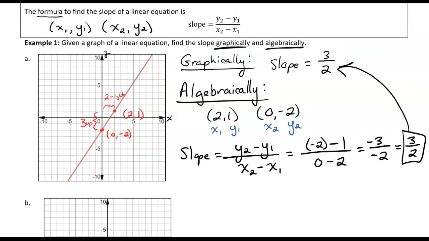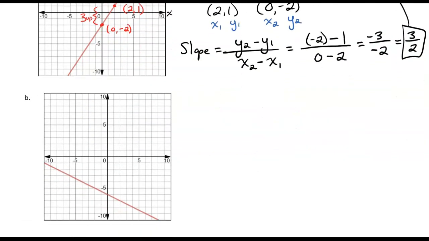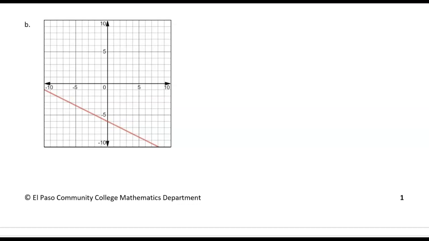Again, we're finding these slopes graphically and algebraically. So graphically first. By the graph, we are going to look for two ordered pairs, two points on our graph that we can use to make our measurement. Looking at my graph now, it's a straight line. There's no curve to it, so it's linear.